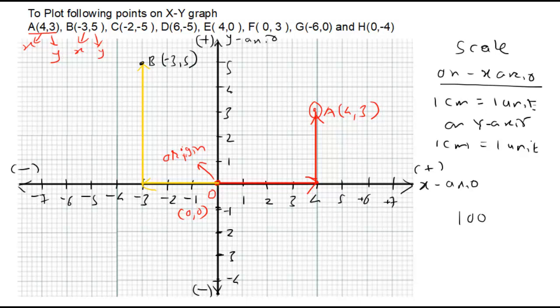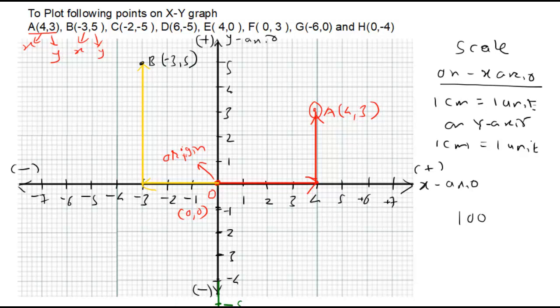Now here 5 is not there, I am plotting here. 5 is somewhere here. So minus 2, minus 5. First we travel along the x-axis minus 2 and then 5 along the y-axis.